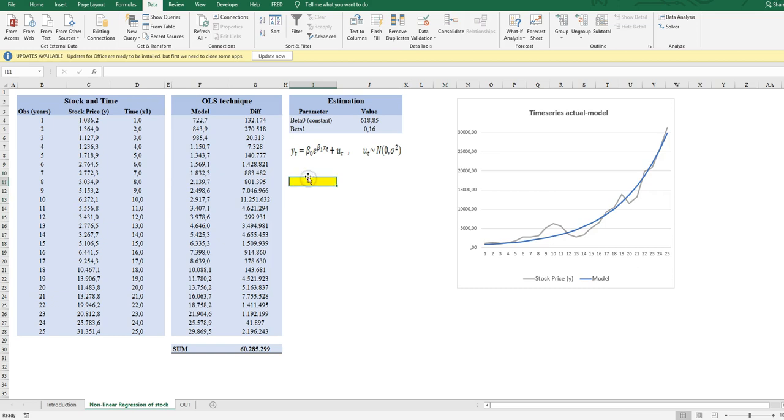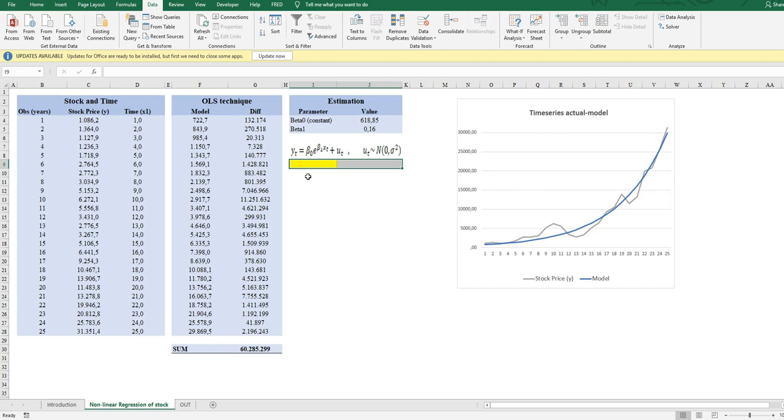Nonlinear regression is used everywhere in business and in academics, because it has the flexibility to fit all sorts of graphical representations. So it's very efficient, and in Excel it's quite easy to estimate any functional relationship.